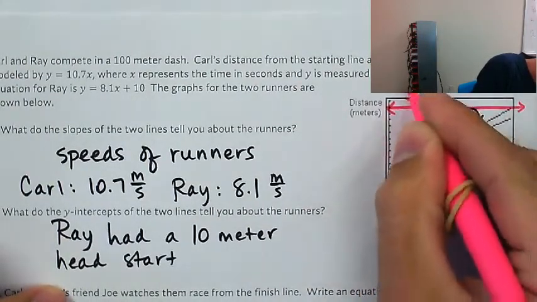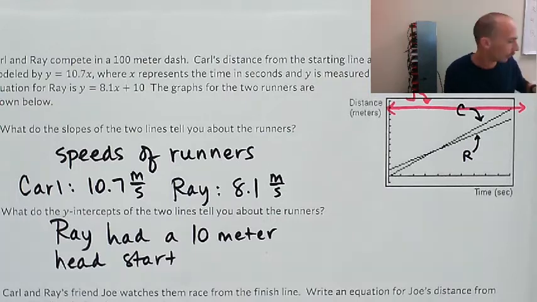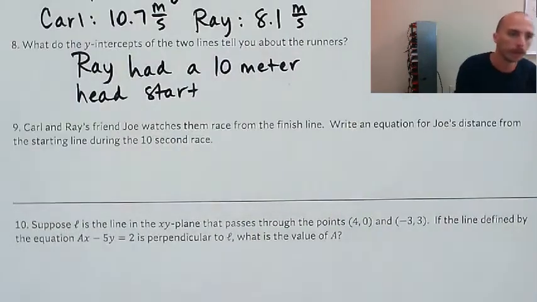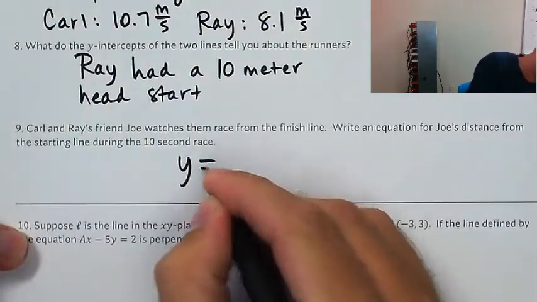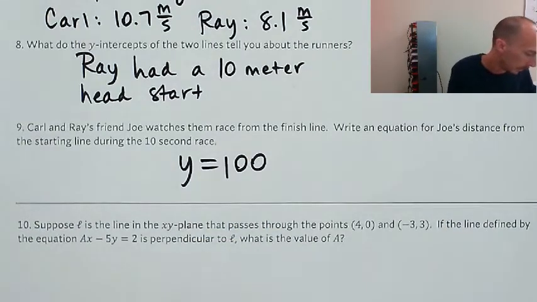Okay, that's Joe. Well, Joe's equation, it doesn't matter how long since they started racing. Joe's standing still at the finish line, so it's always 100. So I'm just going to say y = 100, because that's his distance from the starting line the whole time.